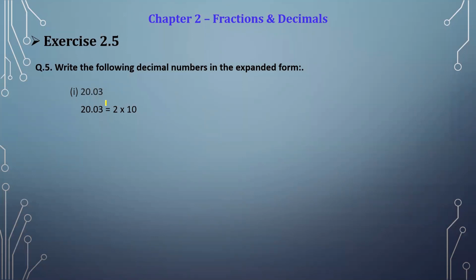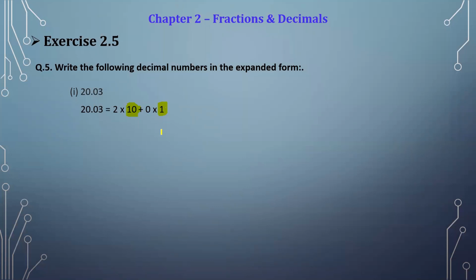Here 2 is present at tens place, so we multiply it by 10. So 2 into 10 we consider. Then the next number is added: plus 0 into, now the position of 0 is units place, so units place is considered as 1. So we multiply that 0 with 1.